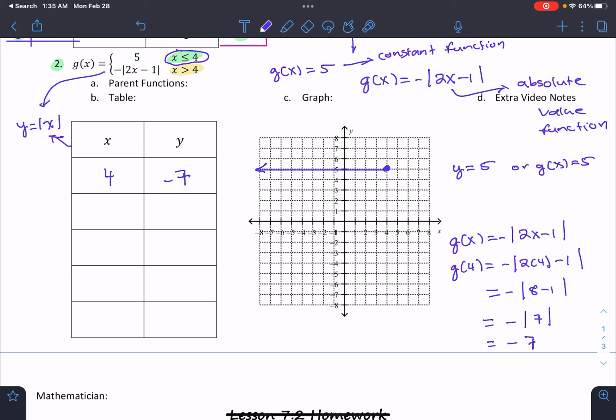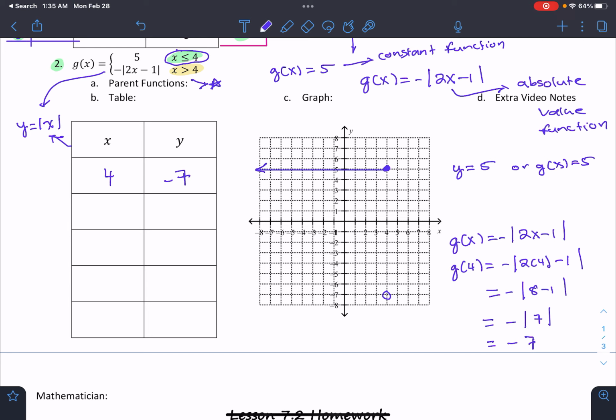So what I'm going to do is go to 4 and put an open dot at negative 7. The reason we have an open dot is because it says x is greater than 4. That means whatever value is at 4, I don't want to include in my graph, but I do want to show it because, for instance, you could pick 4.1, 4.02, 4.03.